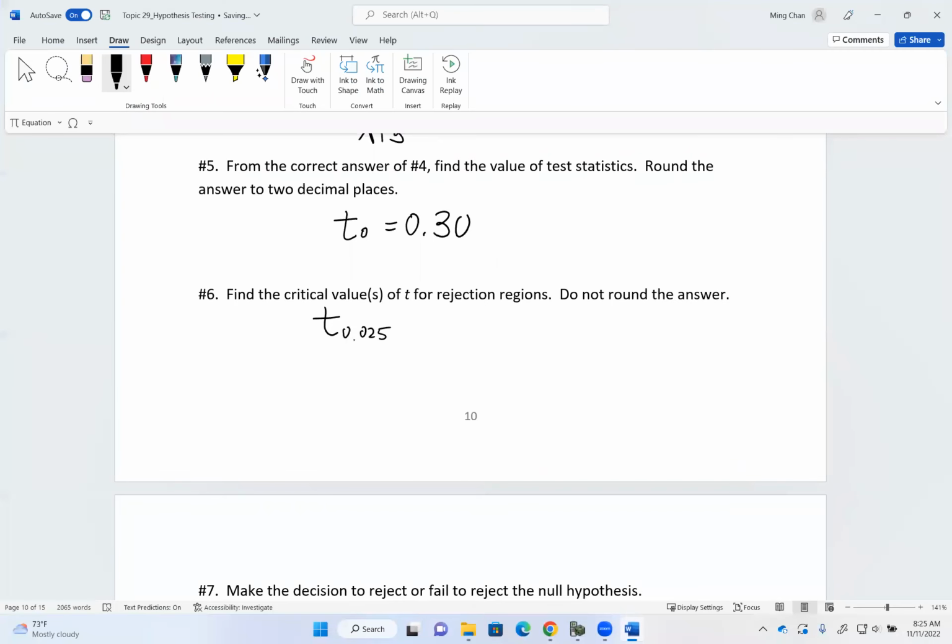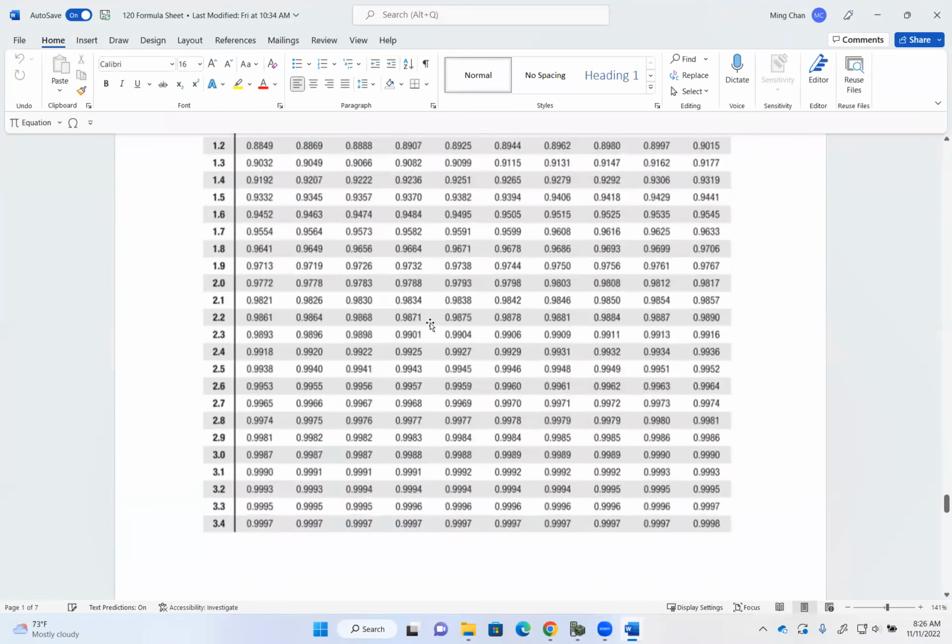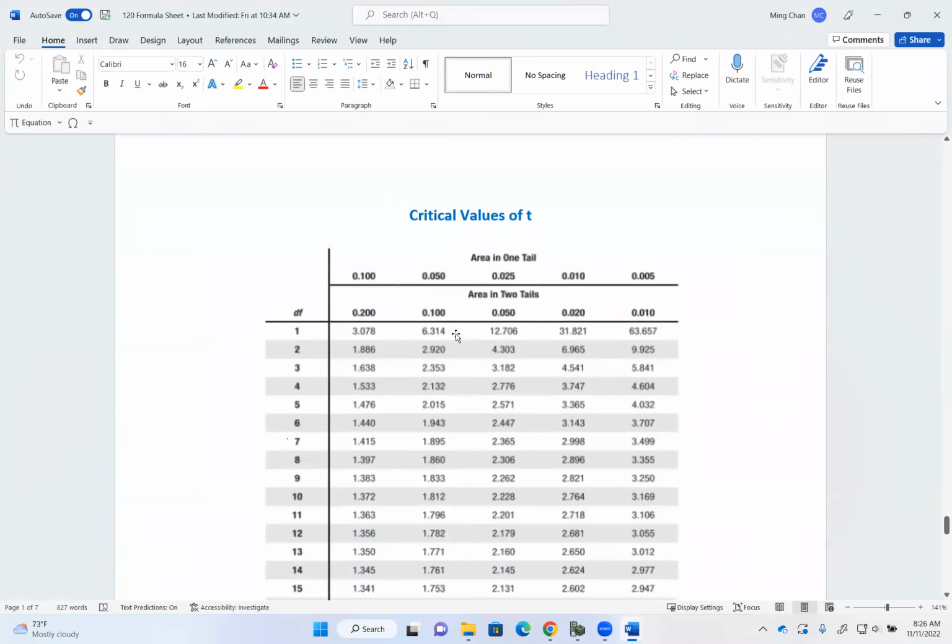Let's see, where's my formula sheet? Oh, forgot to click on it. All right, one tail, 0.025.